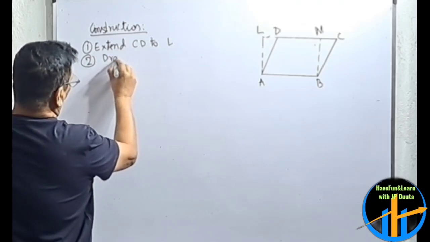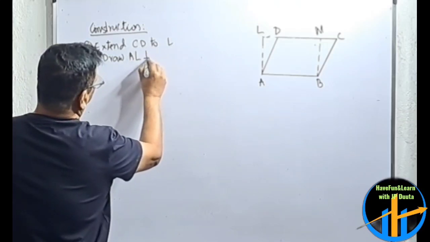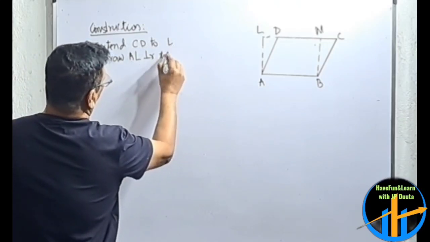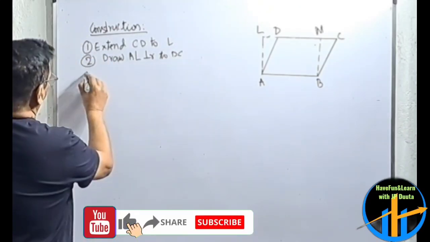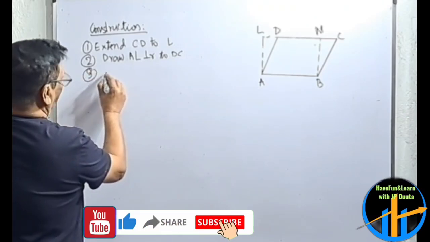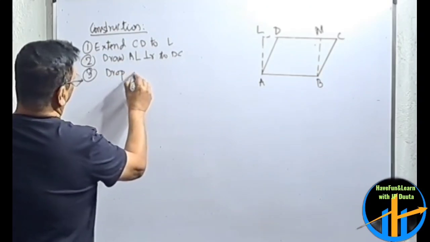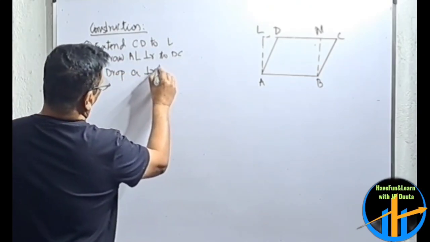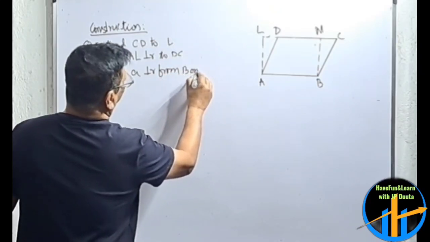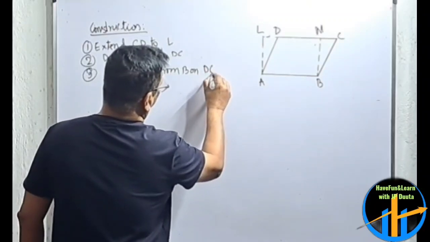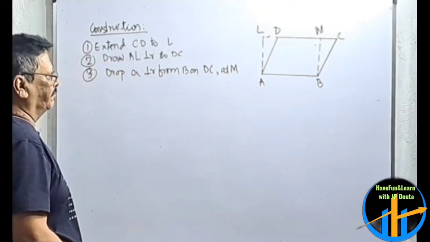Number 2, draw AL perpendicular to DC. Right? Number 3, drop a perpendicular from B on DC at M. Okay.